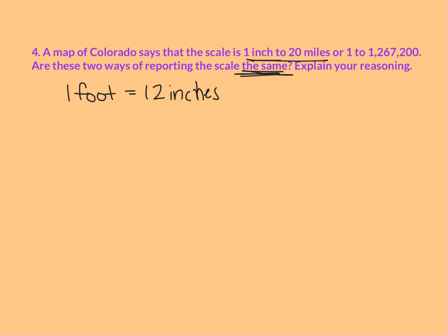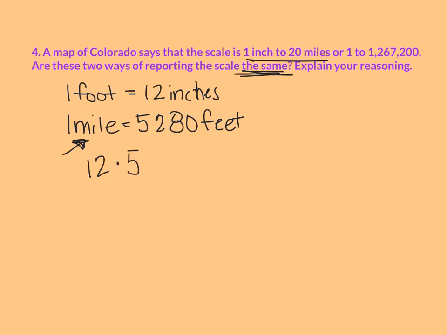And you should also know, and if you don't, you can always look it up, that 1 mile is equal to 5,280 feet. So if I wanted to know how many inches was in that mile, I would multiply these two numbers together. 12 times 5,280.